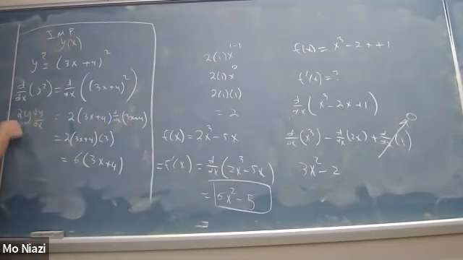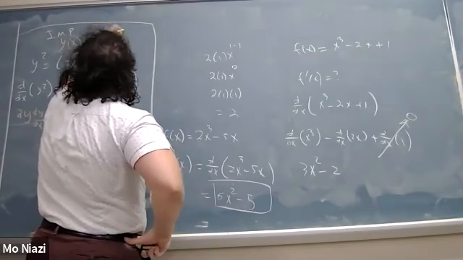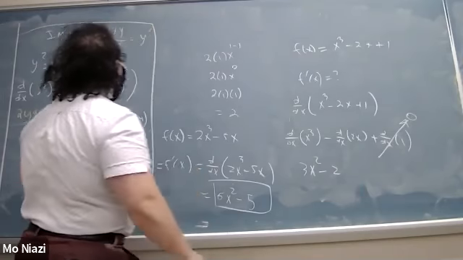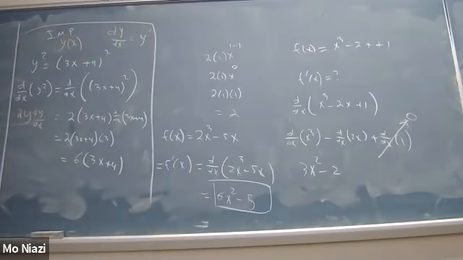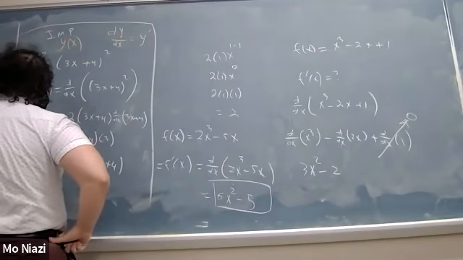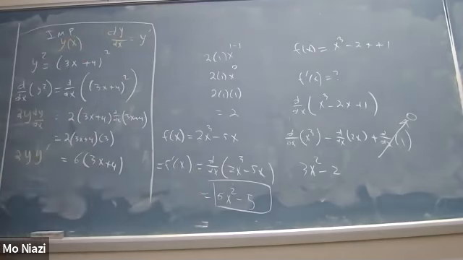So when we bring the 2 down, repeat the value, we also have to take the derivative of the inside. But we don't know what the derivative of the inside is, so we just leave it as dy dx. And dy dx shorthand is y prime. So we just replace dy dx with a y prime, just because it's easier to write.